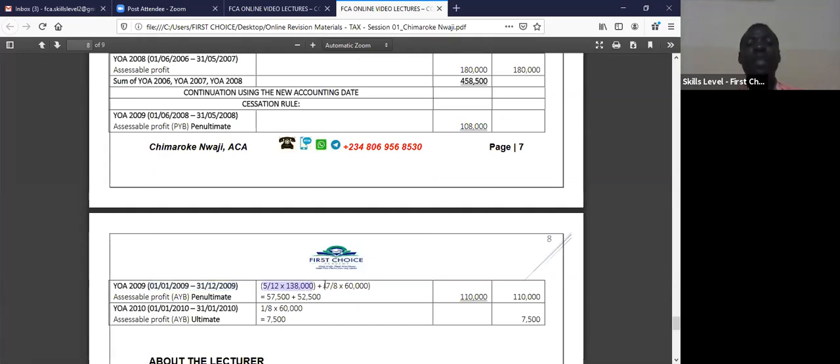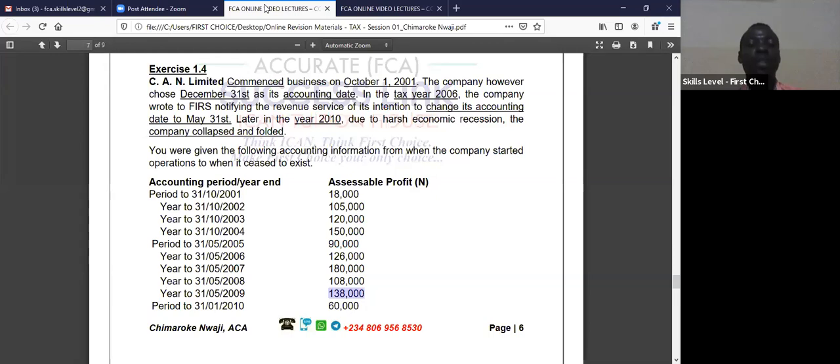So where would the remaining 7 months come? The remaining 7 months have to come from here. So of course, this one extends to 31st January 2010. So that means from June, July, August, September, October, November, December, 7 months out of 8 months, because we enter January.